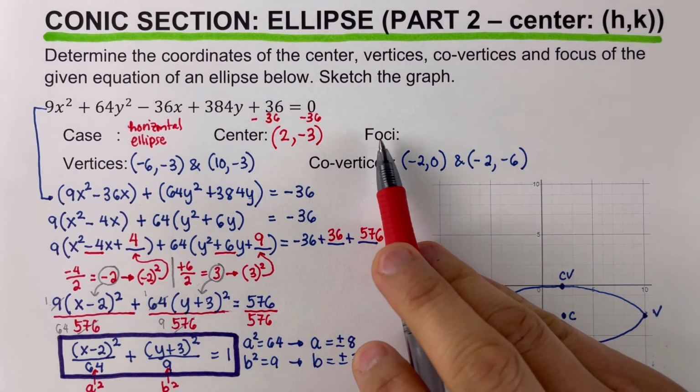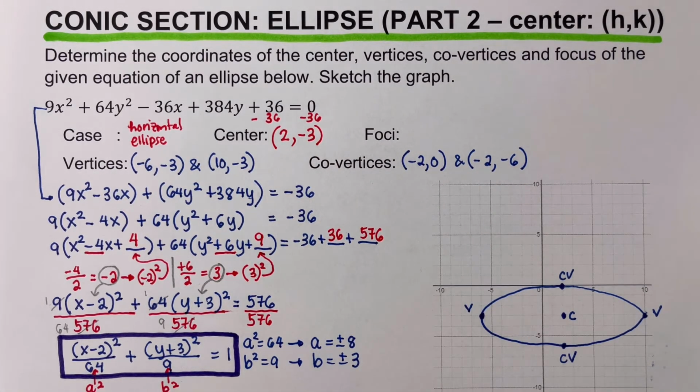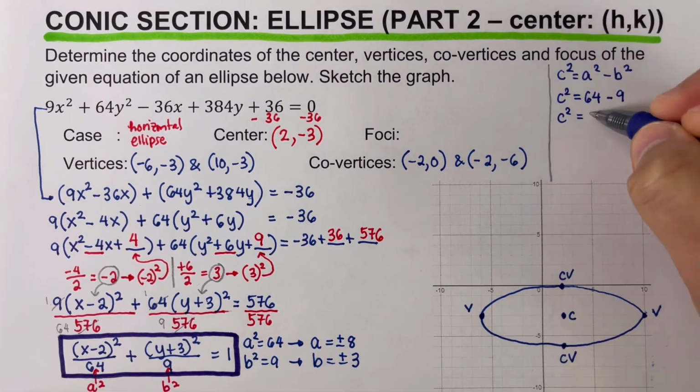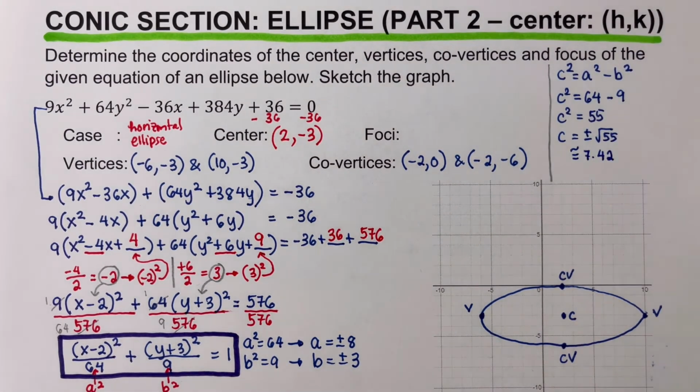Now, we are going to determine the location of the foci. Now we remember that the location of the focus is c distance from the center, and the formula that we're going to use to solve for c is c squared equals a squared minus b squared. So I'm going to go ahead and show that work up here. So our focus is located 7.42 from the center and 7.42 on the other side.